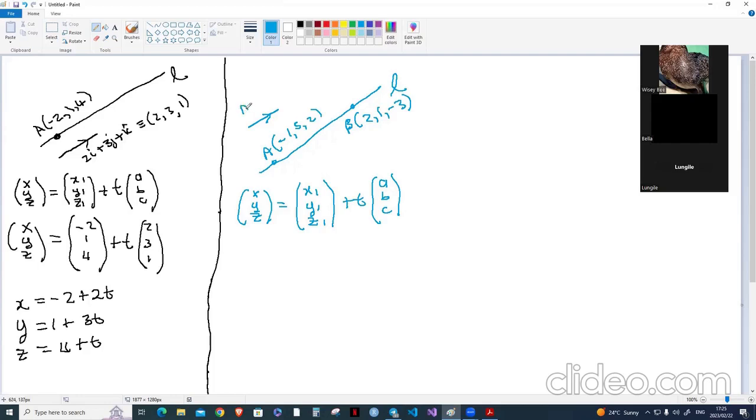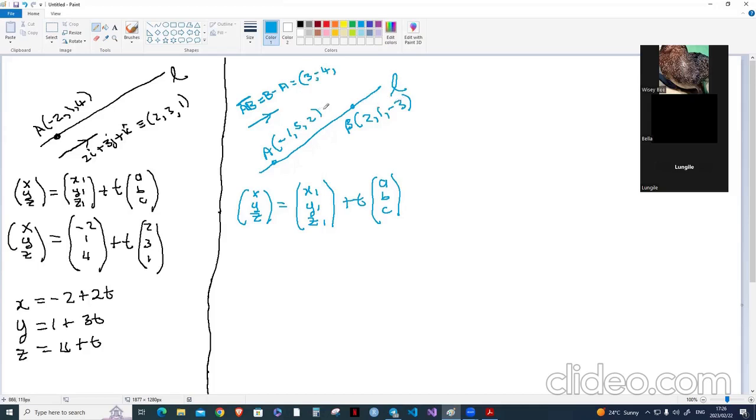We can come up with this vector by saying vector AB. AB gives us a vector. This is the same as B minus A, you start with the last letter, which equals 2 minus 1, that is 3. Then 1 minus 5, that's minus 4.